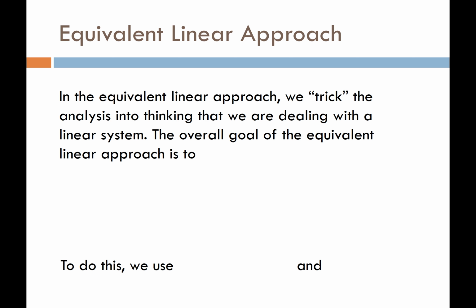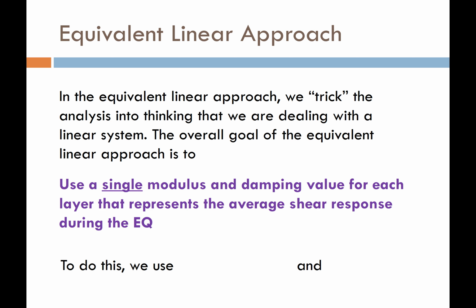With this approach, our idea is that we want to come up with an equivalent linear analysis such that we can apply the equations we learned from the linear approach from last lecture, but still account for the nonlinearity of the soil. So the overall goal is to use a single combination of shear modulus and damping for each layer in our soil system that's going to represent the average shear response that we'd expect during the entire earthquake motion.